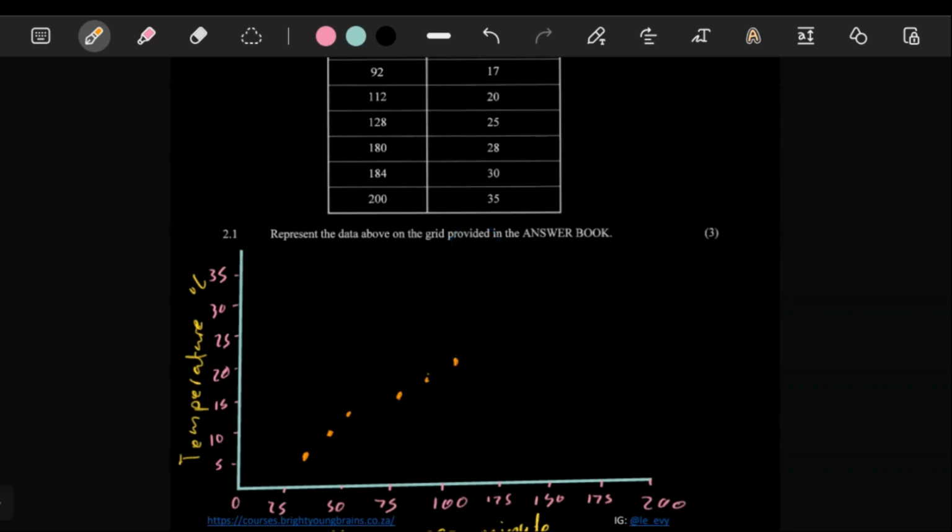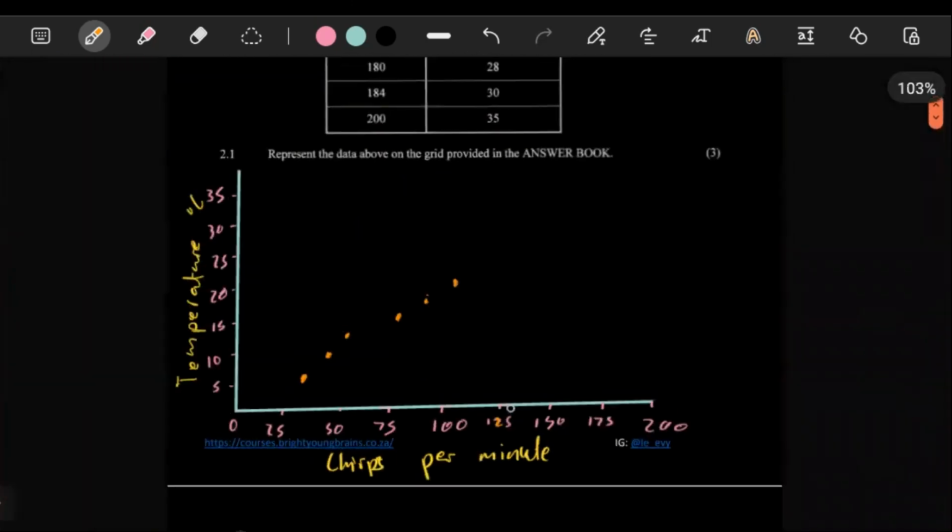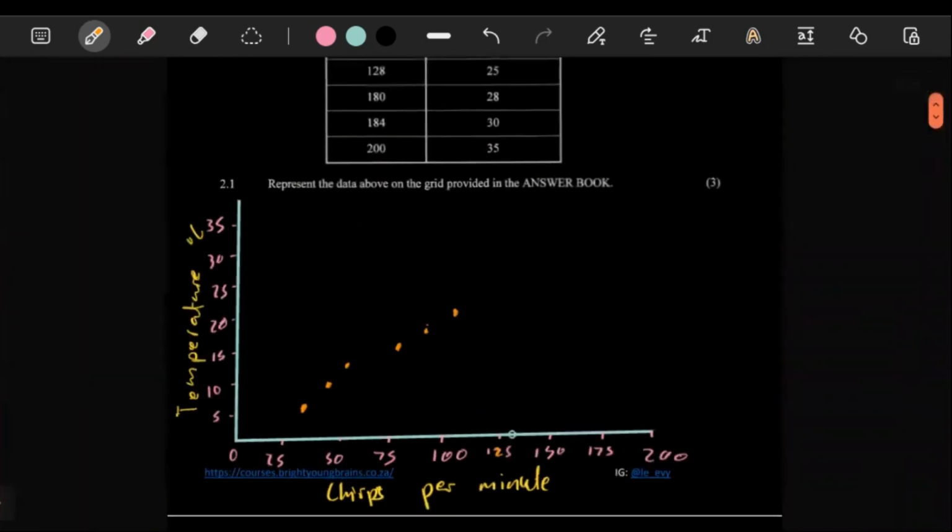Okay, somewhere there. 128 and 25. 128 is close to 125, so 128 and 25 will be somewhere there.